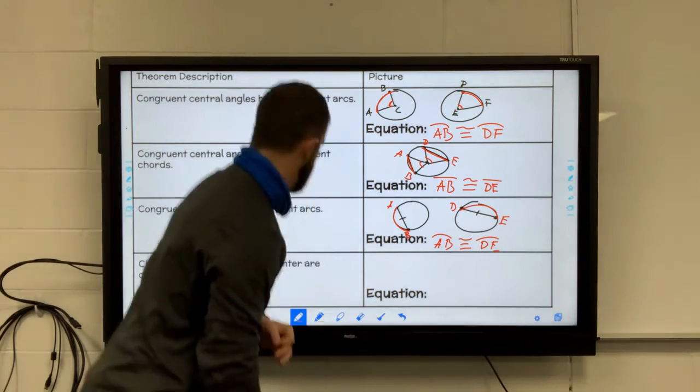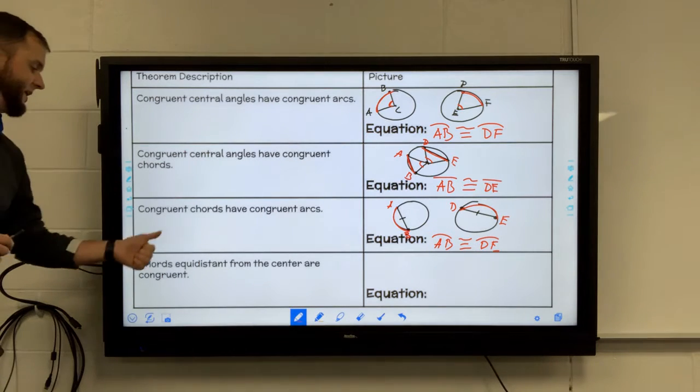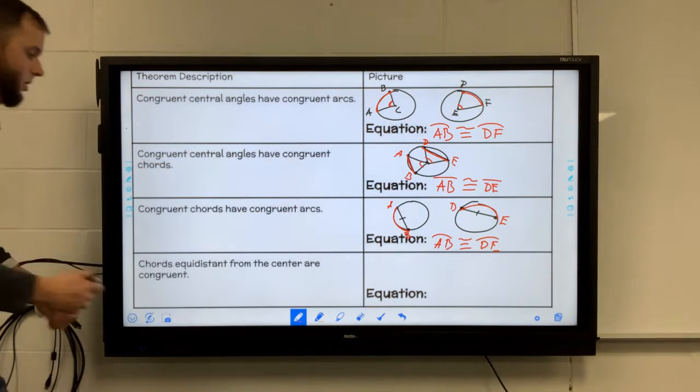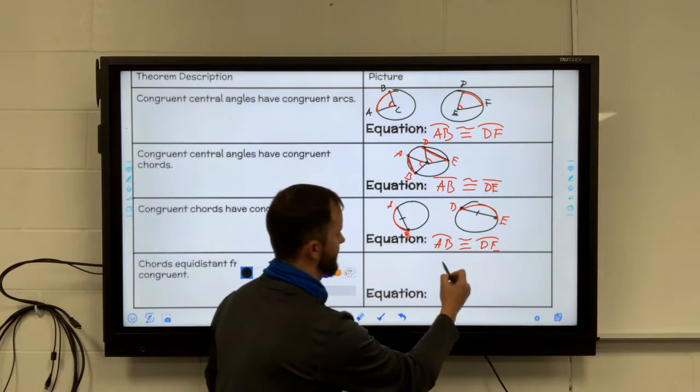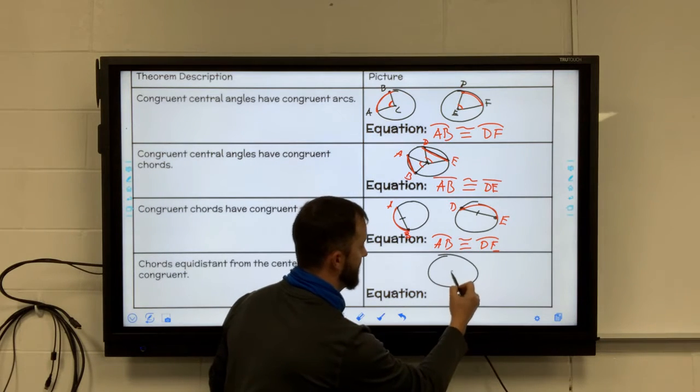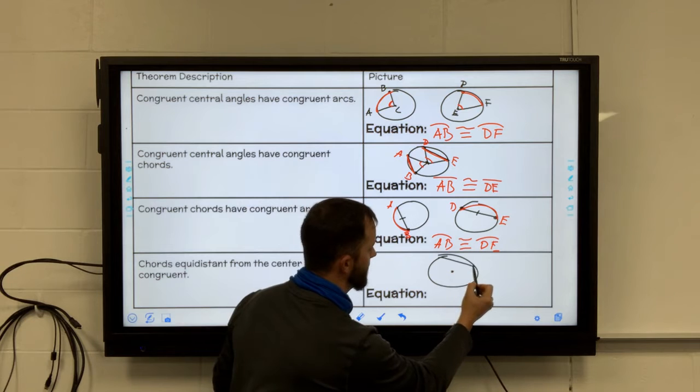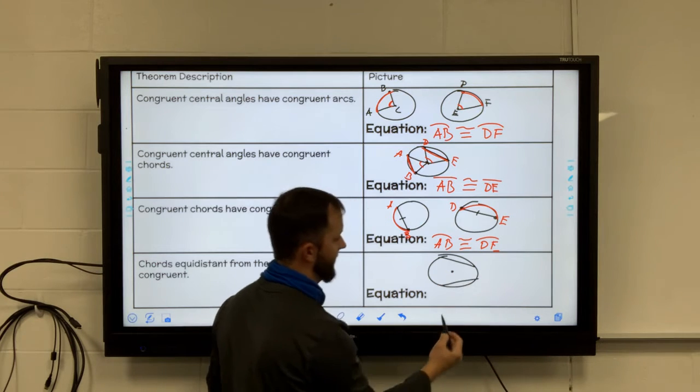Okay? And then lastly, chords equidistant from the center are congruent. For example, if I have a circle with a center, and I have two chords being drawn here, going this way.